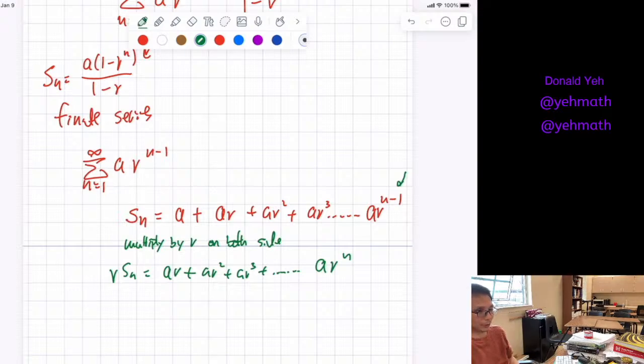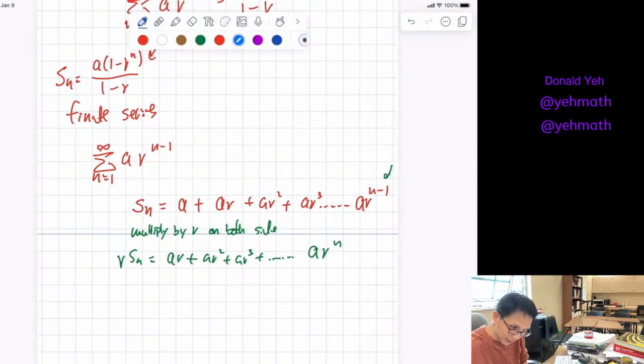So what I do is I multiply both sides, and then I can subtract the two equations. I can subtract Sn minus r times Sn.